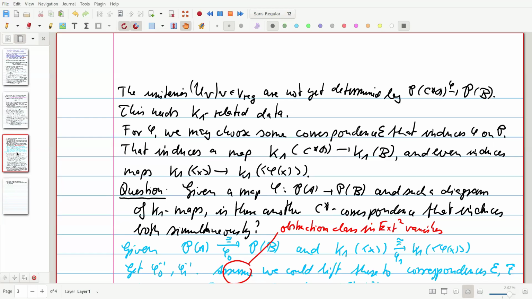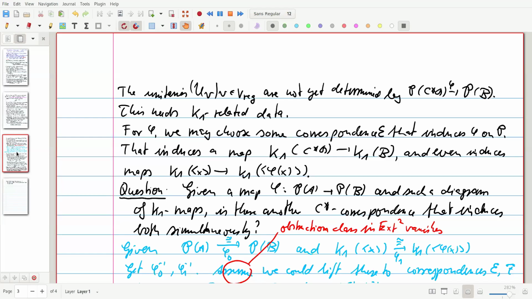Okay. So there are different classification results using more or less complicated invariants. And roughly speaking, when you want to classify, often you want to have a universal coefficient theorem. And that means that you have some kind of length 1 projective resolutions. And then you can classify very nicely using this invariant. Sometimes we have a simpler invariant where you don't have these length 1 projective resolutions, but you might at least have length 2 resolutions.